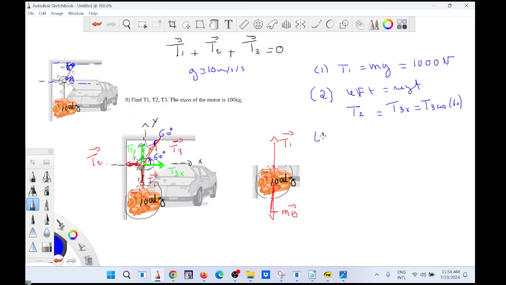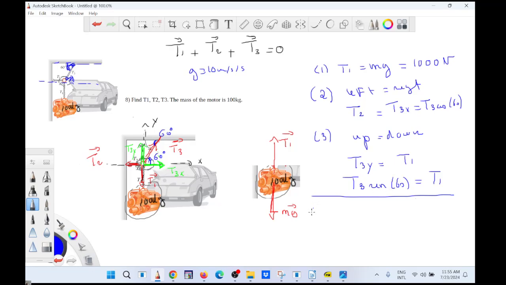So third equation, you have up equals down. So up will be whatever you have along the y-axis, which is the y component of T3, equals down, you have T1. So you have T3 sine 60 equals T1.